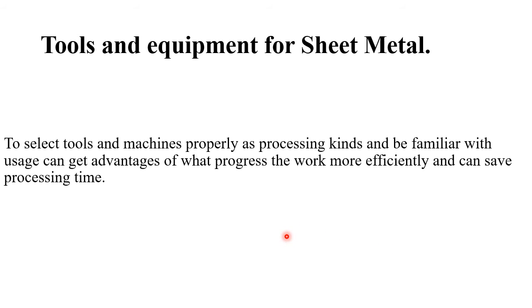When selecting a tool or equipment, you need to select a tool which will be efficient for what you need to do, which will help you save time, and which will bring zero defect on the product.